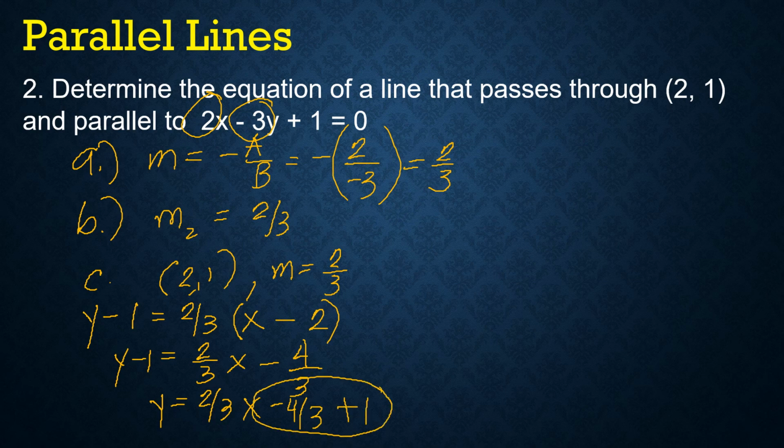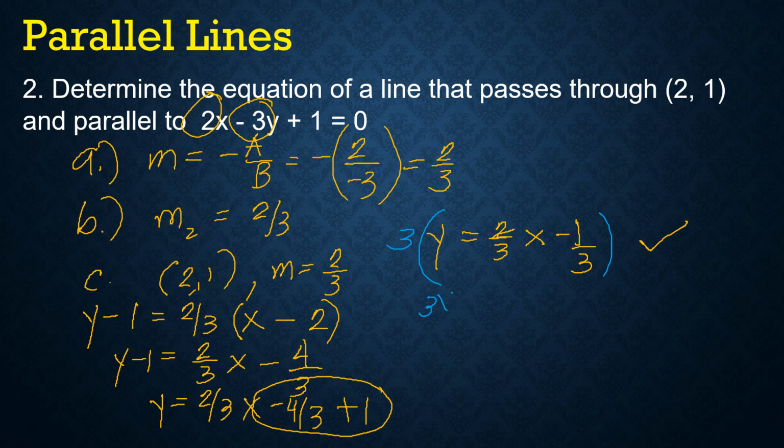Negative 4 over 3 plus 1 is equal to negative 1/3. So we have 2 over 3x minus 1/3 will be the slope-intercept form answer. But if you want to end it in general form, multiply both sides by 3.